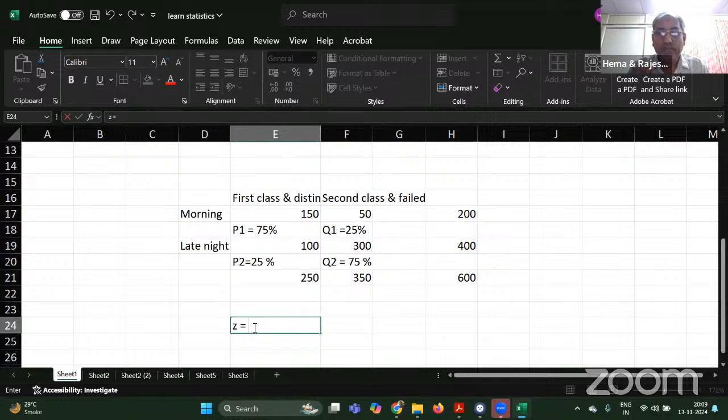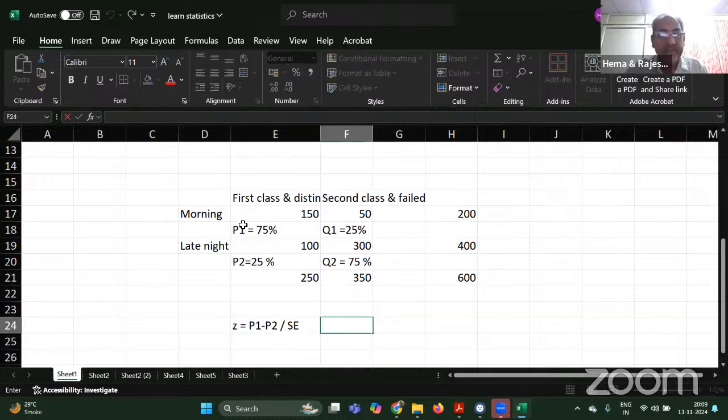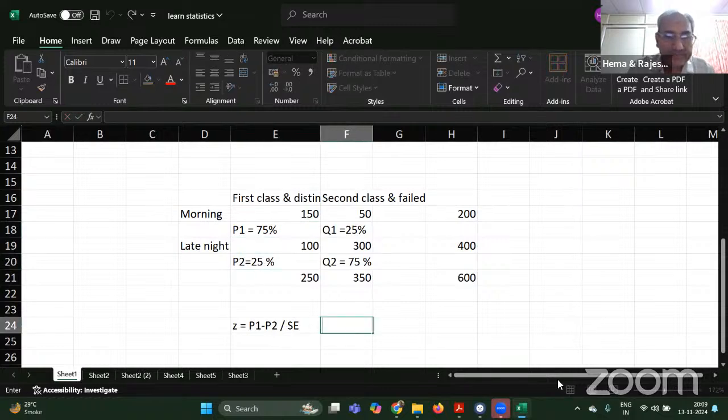Z is equal to P1 minus P2 divided by standard error of difference between two proportions. Right? So P1 minus P2 is easy. P1 minus P2 is equal to 50%.